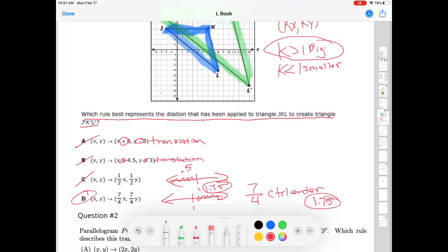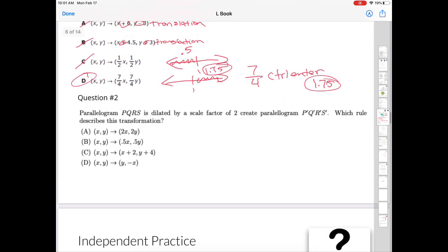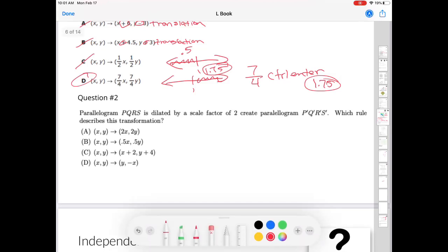Now let's look at the second question. Same thing, use your CUBES method and read the problem first. Parallelogram PQRS is dilated. Again, the keyword is dilated, by a scale factor. Scale factor and dilation are pretty much the same thing.